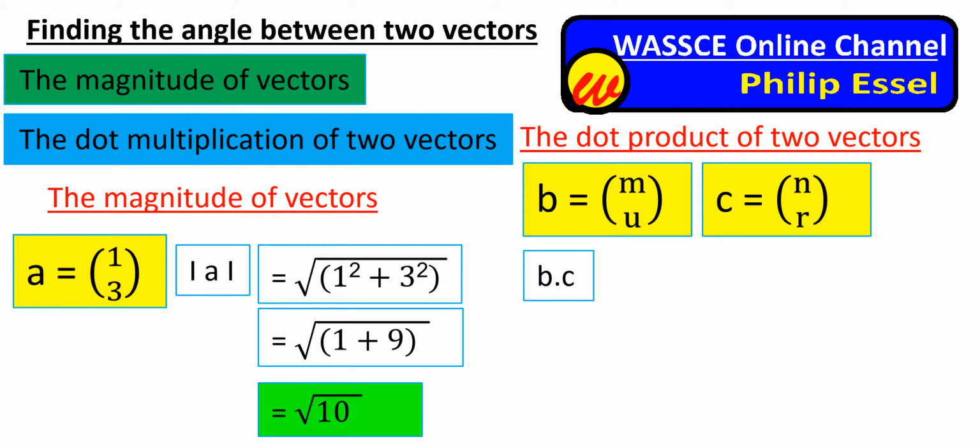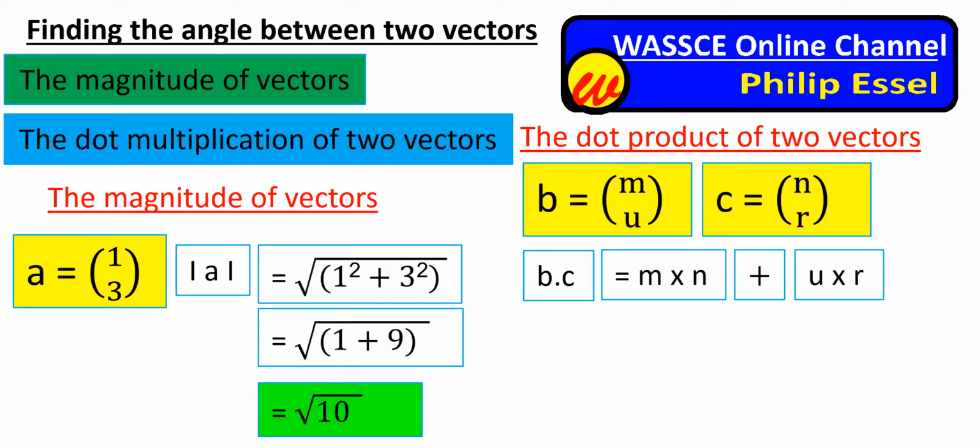So this will be given by: first multiply the two x components at the top, which is m times n. So first do that multiplication, then add this to the two y components, that is u and r, also multiplied together.